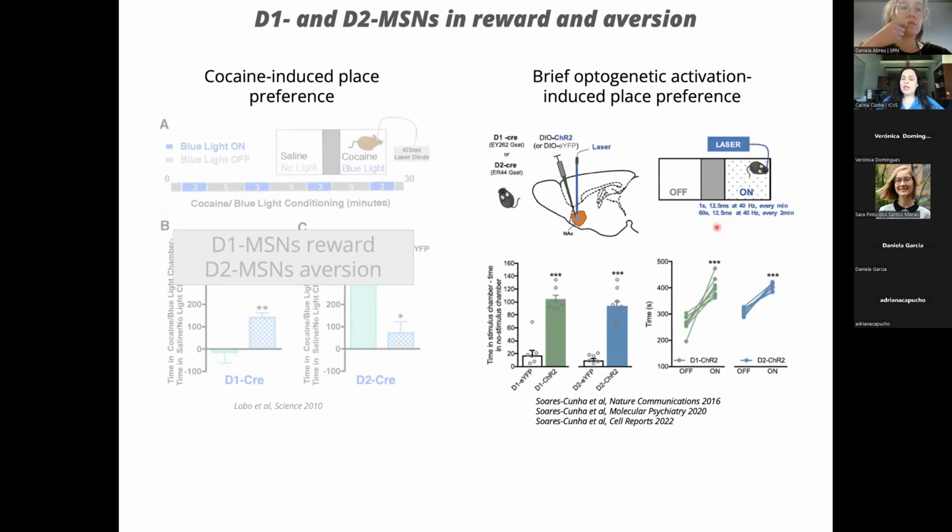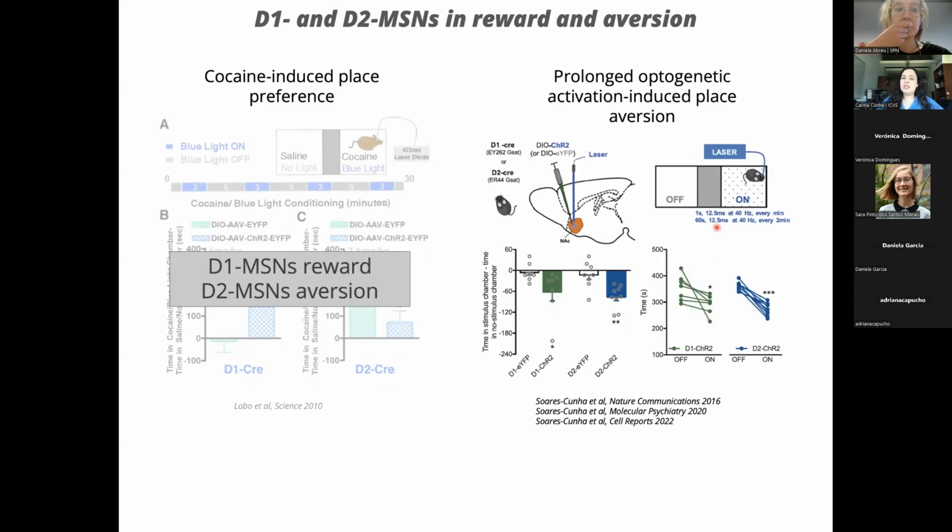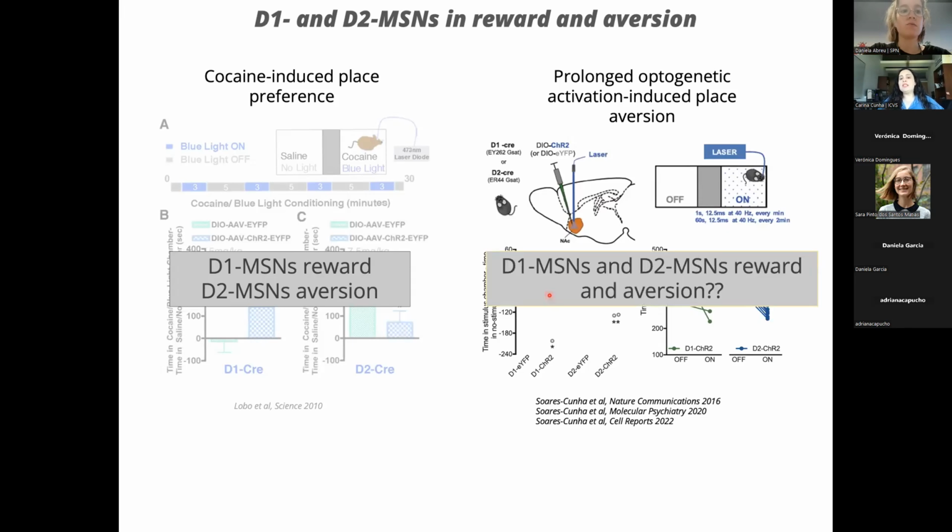However, when we apply different activity protocols, with a more prolonged activation of these neurons, we could see the opposite, which is kind of an aversive effect. So this led us to believe that D1 and D2 MSNs could potentially encode both reward and aversion, depending on the stimulation pattern, meaning maybe depending on the environment.